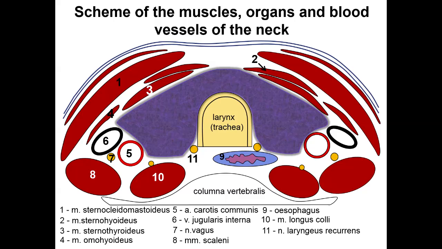Then, number 12, here it is, the most superficial muscle, very thin, it's musculus platysma. And number 13, it's a nerve, sympathetic nerve, sympathetic trunk, truncus sympathicus.